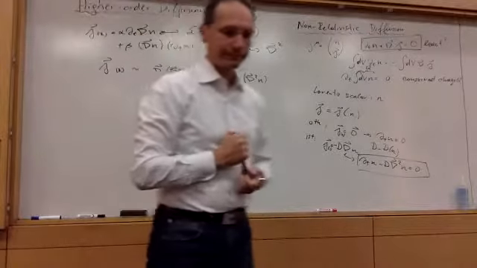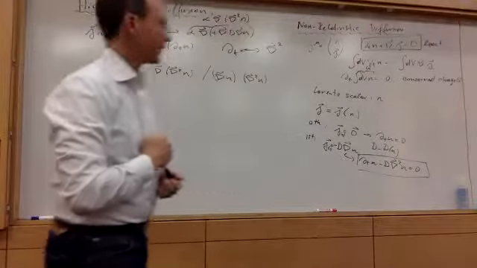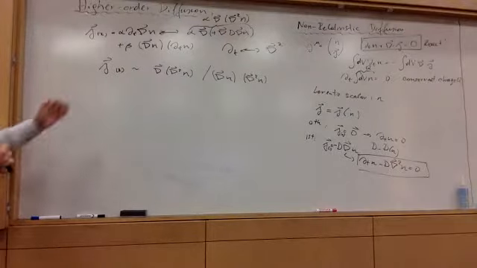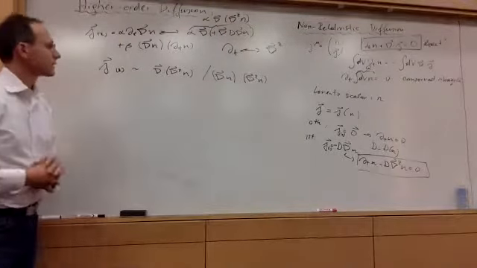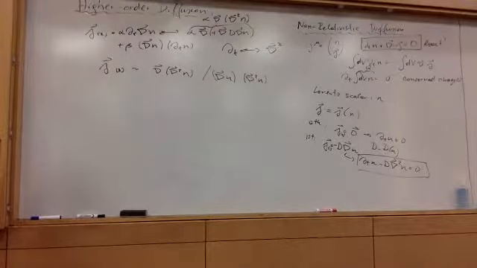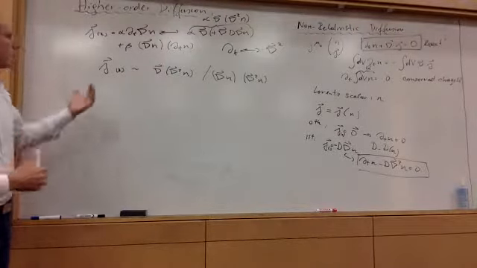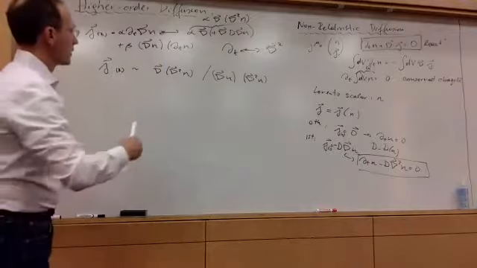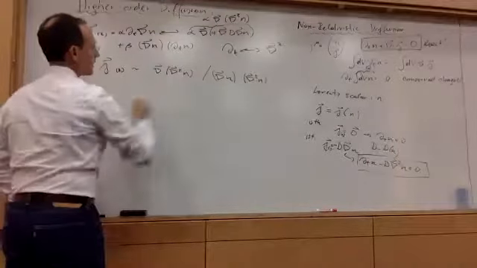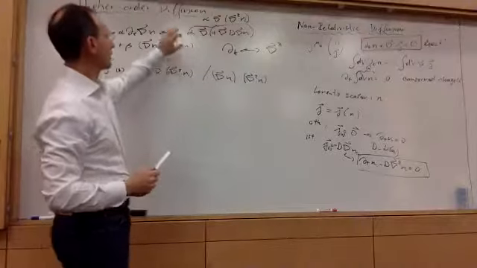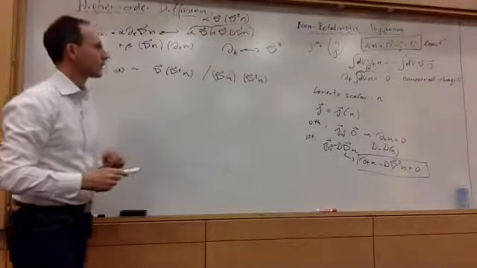Now, the question that I want to ask now is, okay, fine, so you get these terms here. Is that all? We know that we have two possible contributions, one which is linear, the other one which is nonlinear. We know that we can write them as time and space derivatives.